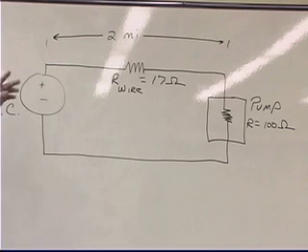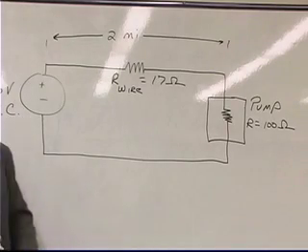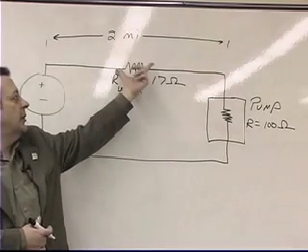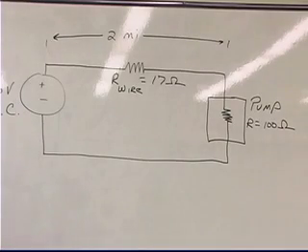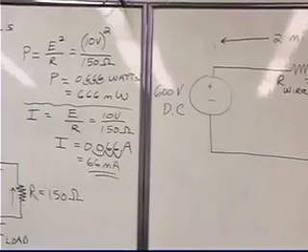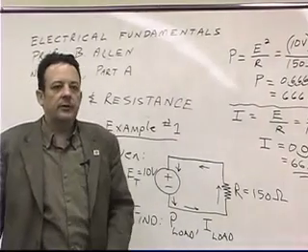So in other words, what I'm doing is I'm using what's called a lumped parameter model, where I'm taking the whole 2 miles of resistance and lumping it into this one little space. Thanks for asking that question. So that whole 2 miles of wire has a resistance of 17 ohms.